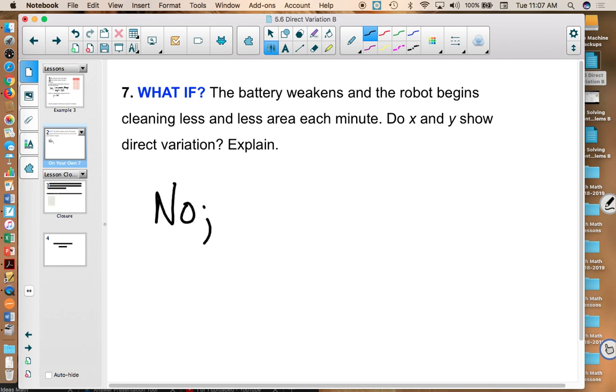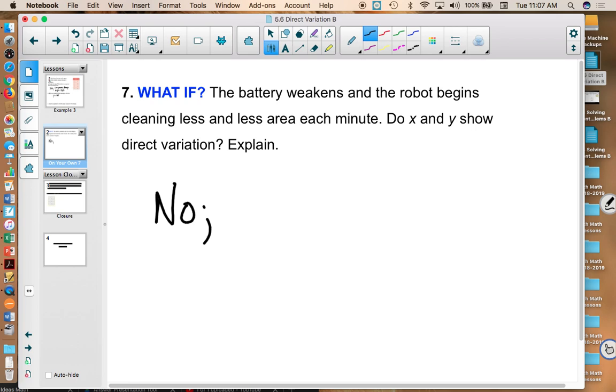How many of you agree with the no? You agree that, yeah, there's no way they're going to be at a direct variation. Okay. Julian, what do you think? What happens as that battery weakens?